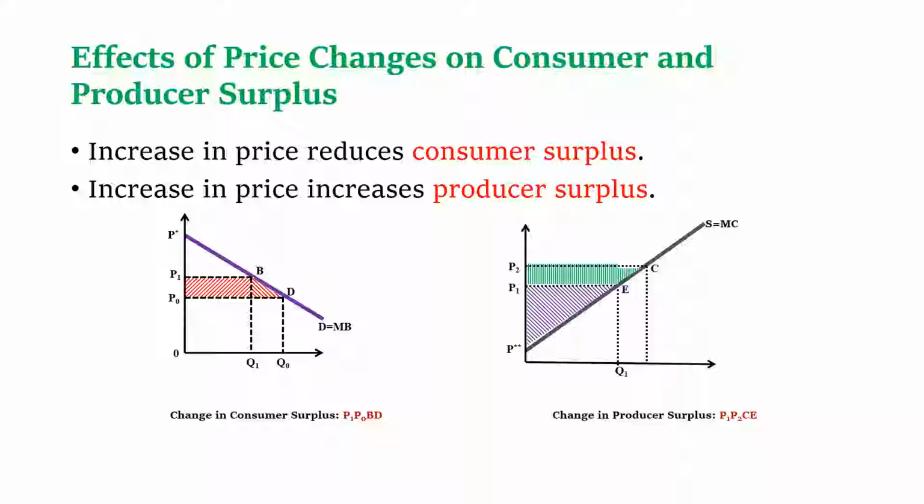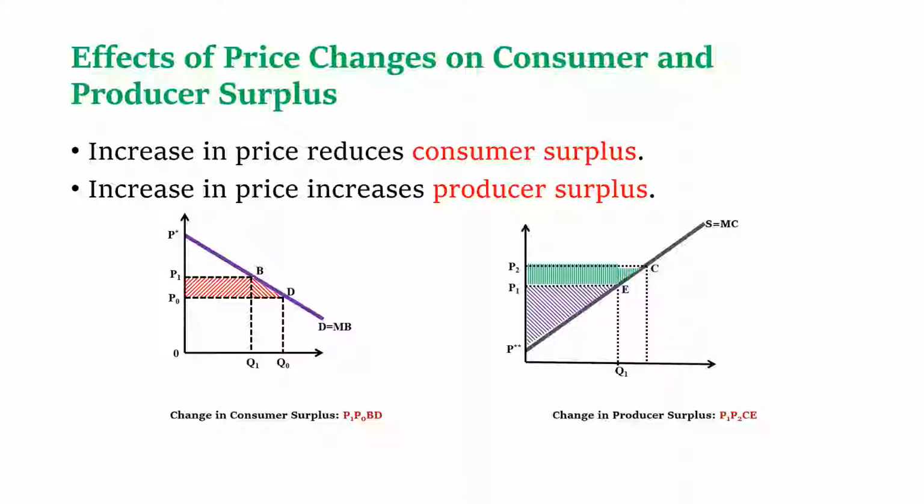And so the increase in price is going to reduce the consumer surplus. If we look at the diagram on the left, we notice that the consumer surplus has shrunk from P star P0 D to P star P1 B. That empty space there, P star P1 B, is now the new consumer surplus after the price increase.